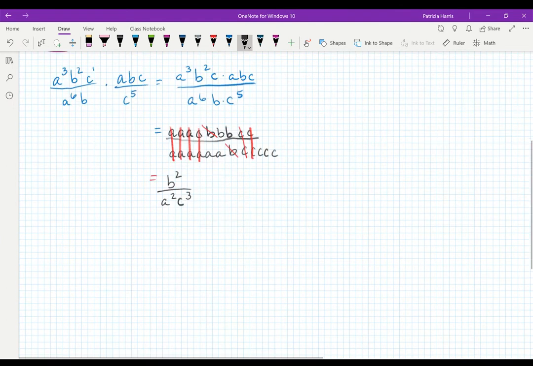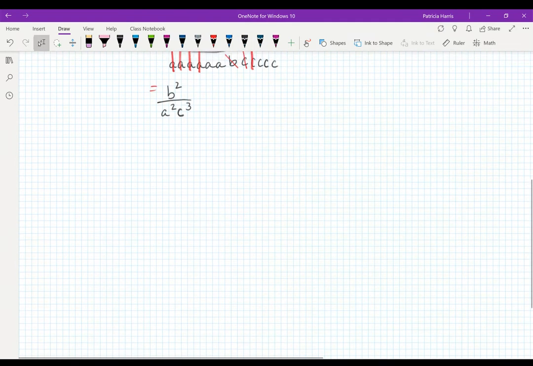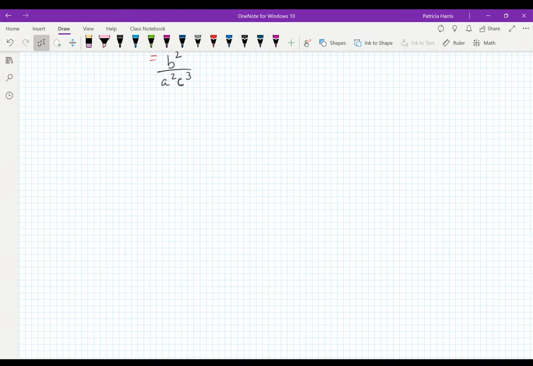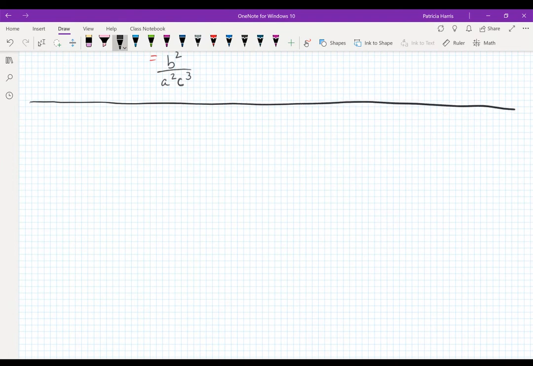All right, let's try something a little bit harder. Monomials are usually fairly straightforward. Okay, so let's try something a little bit tougher. Let's try division. Okay, I'm not going to worry about excluded values.